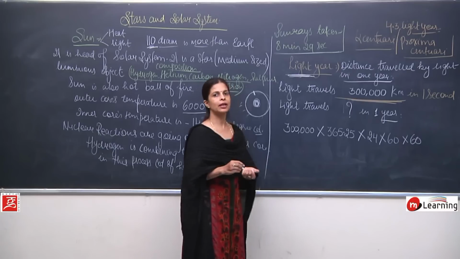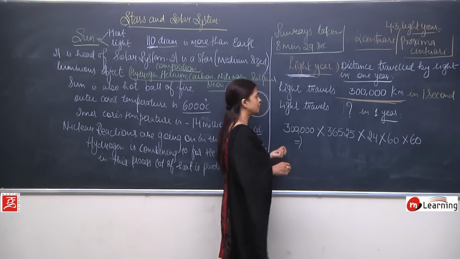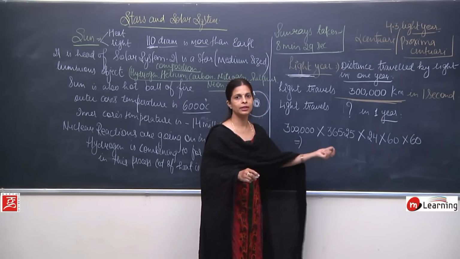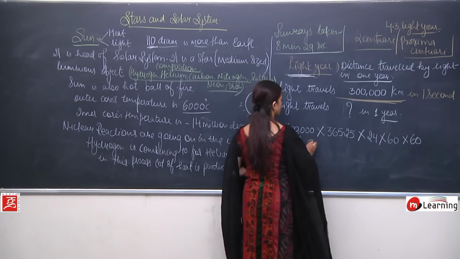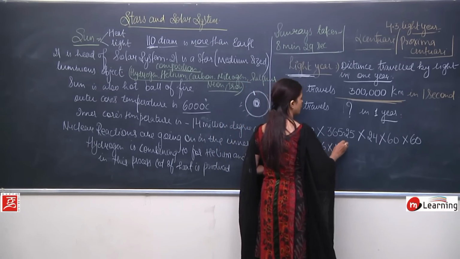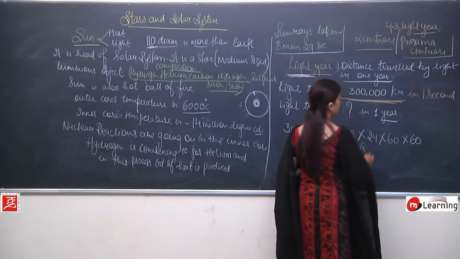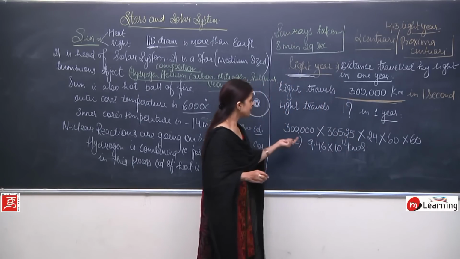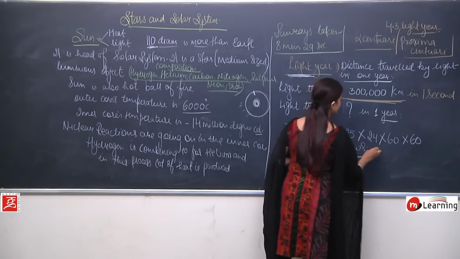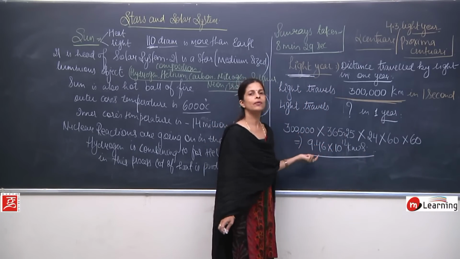So we just need to calculate this, and it will give one figure, which will be 9.46 into 10 raised to power 12 kilometers. Now this is the distance which is covered by light in 1 year.